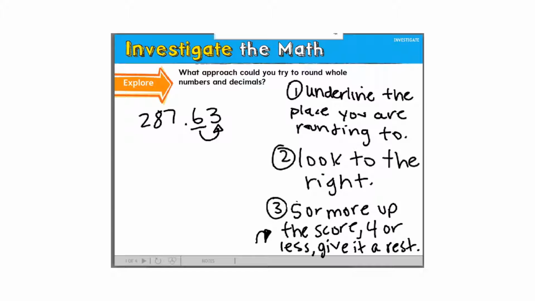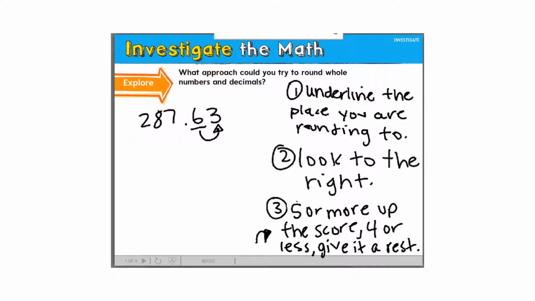So once I round it, the number after the underline is going to just disappear. When we were doing whole numbers, all the digits after the underline turned to 0, right? That's what you did. So you look to the right, and then it was 5 or more, up the score. 4 or less, you give it a rest.